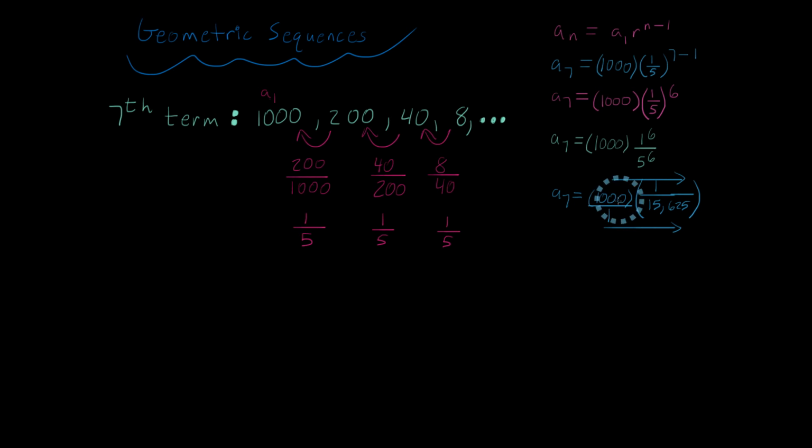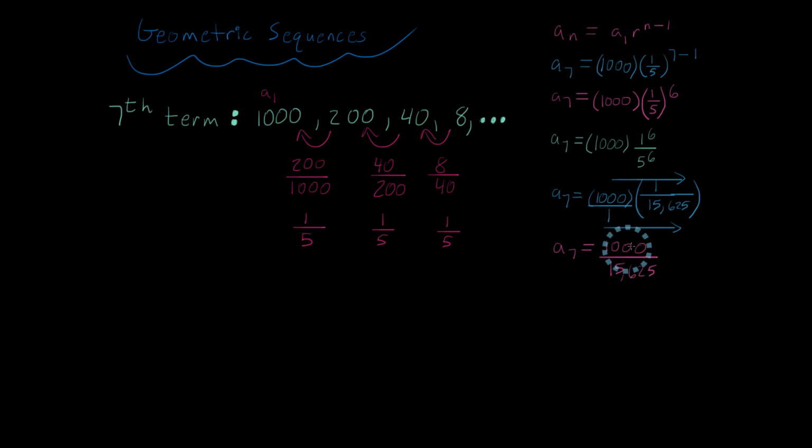So that's my next step. I have a sub 7 equal to 1,000 over 1 times 15,625, which will give me 1,000 over 15,625.